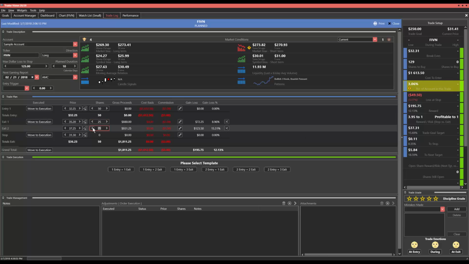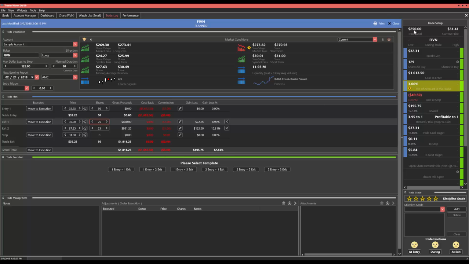As you notice there, at the first target, I'm getting about 3 to 1, 2.94 to 1. And if I look at all targets, my second target is going to get me just under 4 to 1. And that's all great, but the total gain with this layout is 195 bucks, just under 200 bucks.